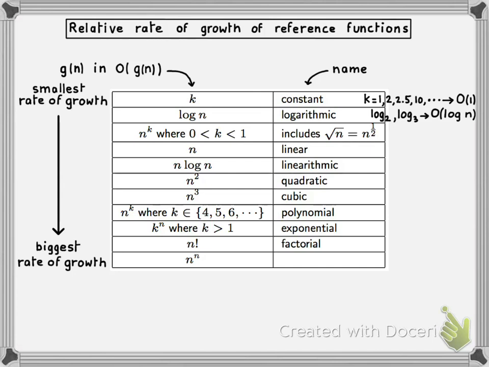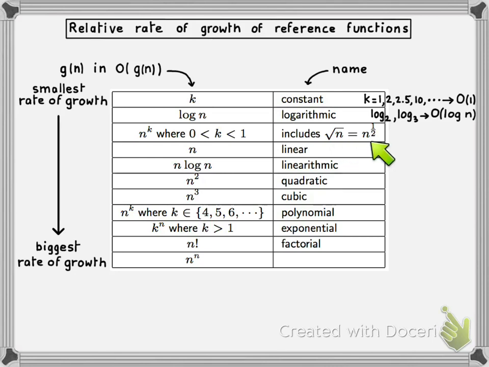So k could be, for example, the real number 0.1 or the rational number 1/3. The interesting case is when k is equal to 1/2. You should remember that n to the power 1/2 is the same as the square root function. So check it out. If you take the square of this function, you get square root of n squared is equal to n by definition of the square root.